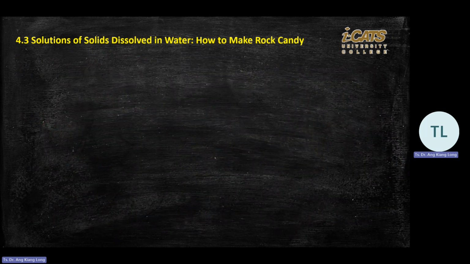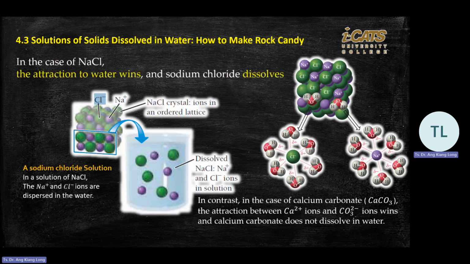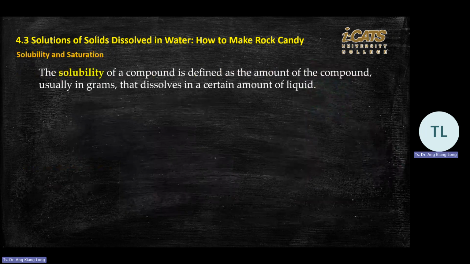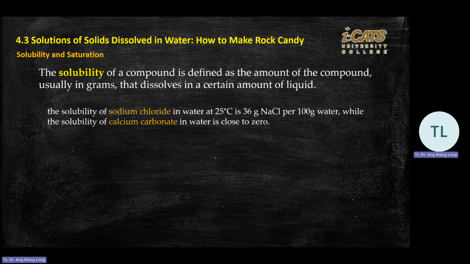So just now we explained through using the three attraction forces. Now we further define what solubility and saturation are. Solubility, we use a mathematical definition: the amount of compound, usually in grams, that can dissolve in a certain amount of liquid.